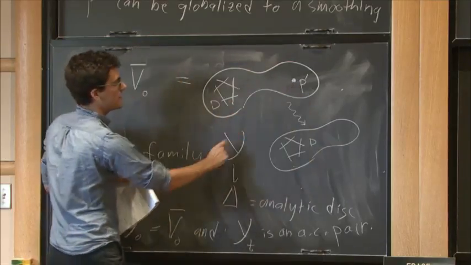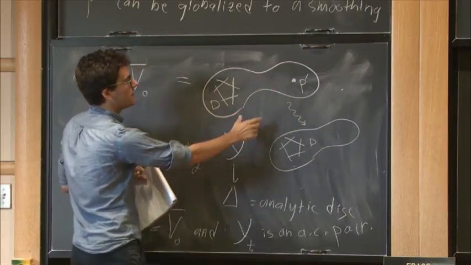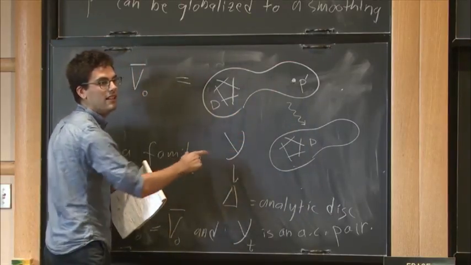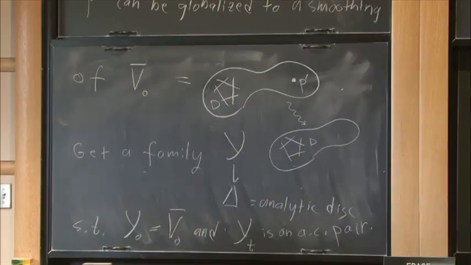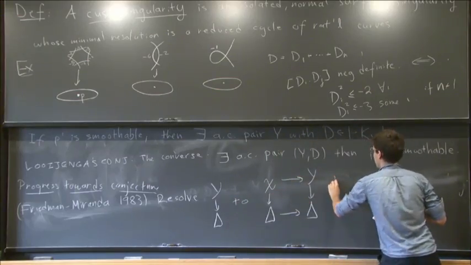And so the threefold Y is actually singular at the point P. If you resolve the threefold, and if you know about type 3 degenerations of K3 surfaces and the theorem of Kulikov, Persson, Pinkham, then you can produce a family X over delta.